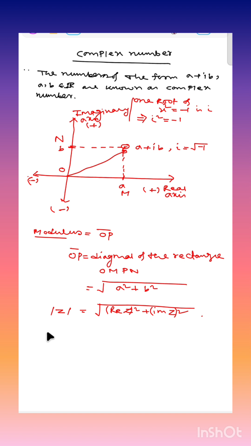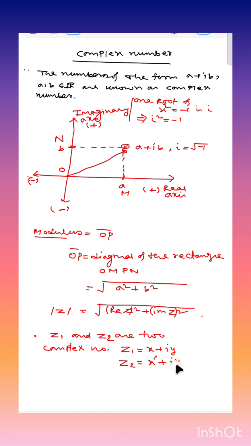Now we see the next result. Suppose z1 and z2 are two complex numbers denoted by z1 x plus iy, and z2 means x dash plus iy dash.